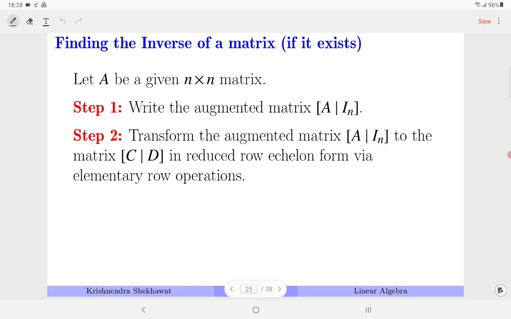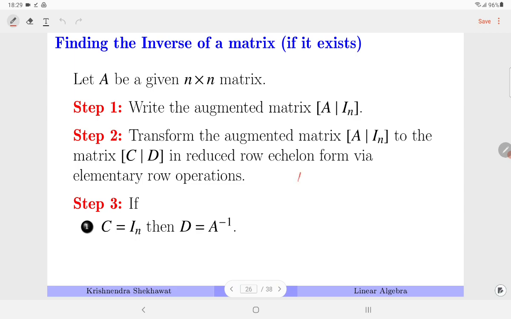Now we have to transform this A In into a matrix C D, where C D is in RREF. So this matrix is not in RREF. We will see the examples. You have to compute its RREF, and that gives you C D. Now if C is equal to identity, then D is A inverse.